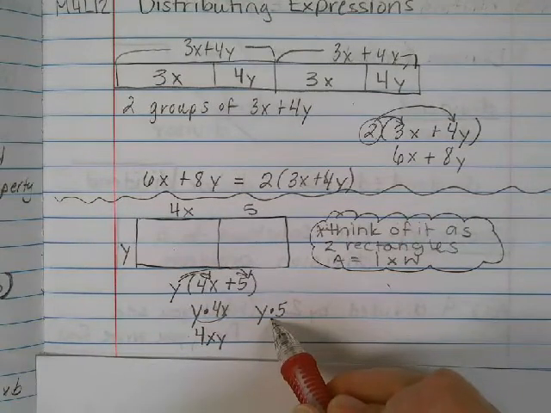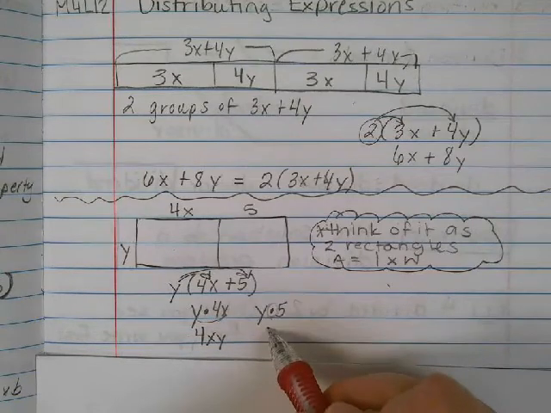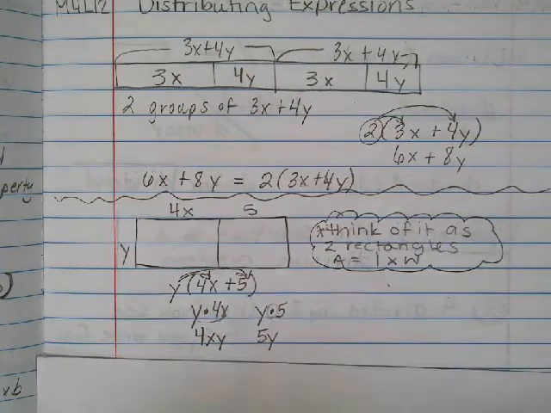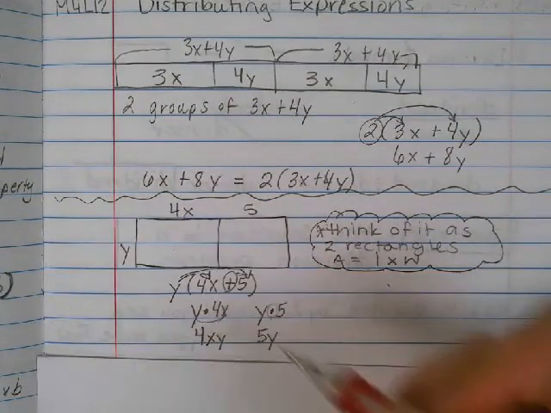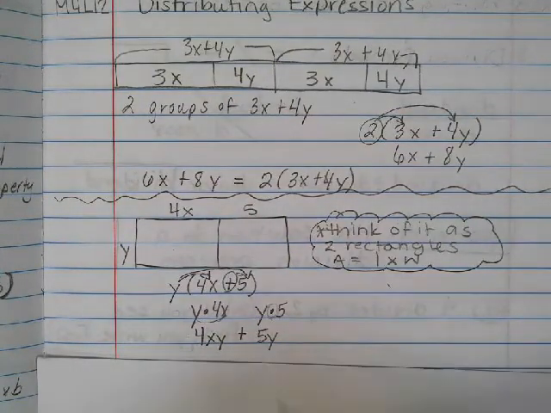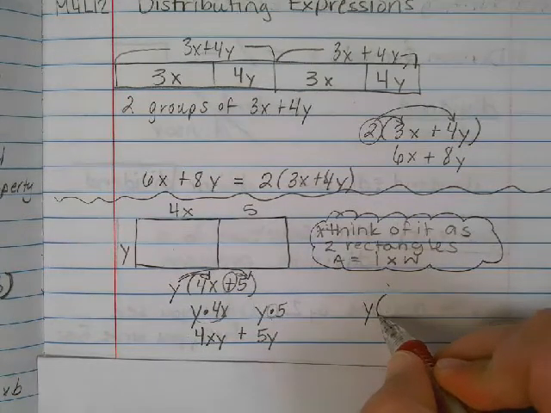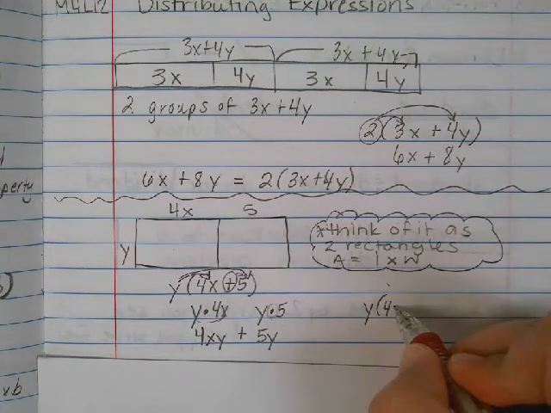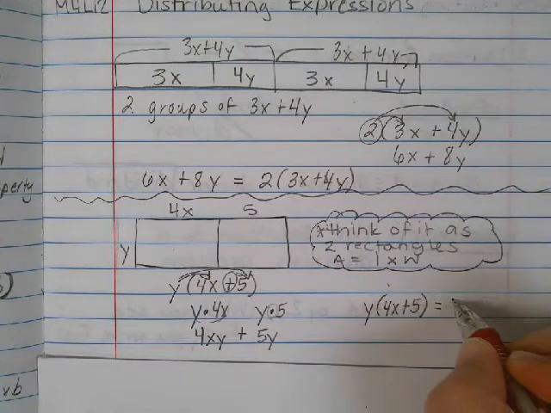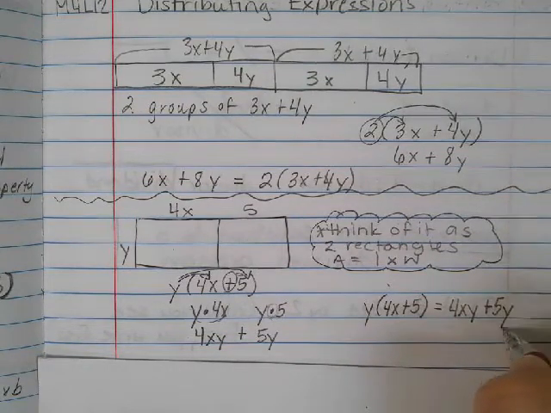And we remember, if we're multiplying a number and a letter together, I just write it this way. And I keep this operation that I haven't used. So I put that there. So y groups of 4x plus 5 is the same as 4xy plus 5y.